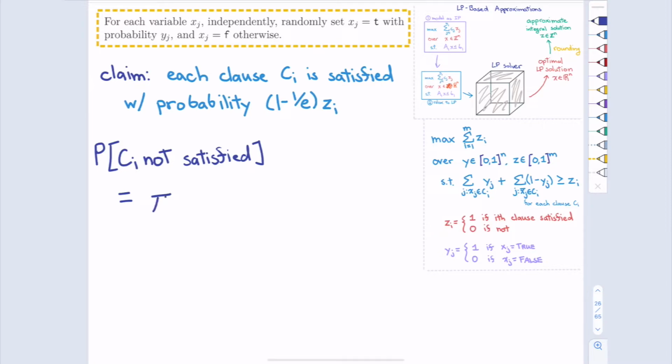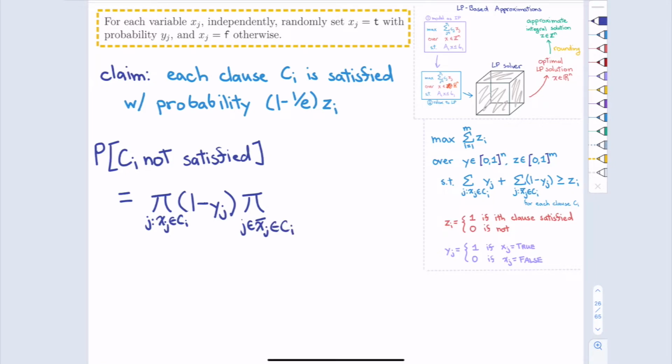I guess it's a little bit wordy, but we're looking at the product of all variables xj in the clause, and it needs to come up tails. So that's 1 minus yj. This is the same as before, just notationally a little bit heavier.